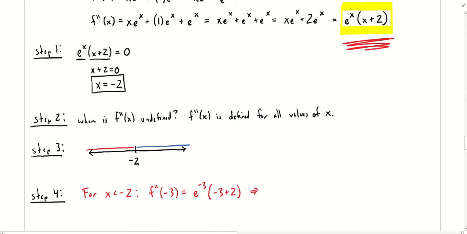I just care about whether it's positive or negative. So let's see. e to the negative 3, e to the something is always positive. Negative 3 plus 2, that's negative. So we're going to have a positive times a negative, which gives us a negative second derivative on that interval.